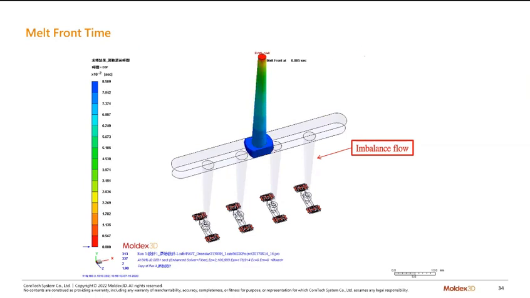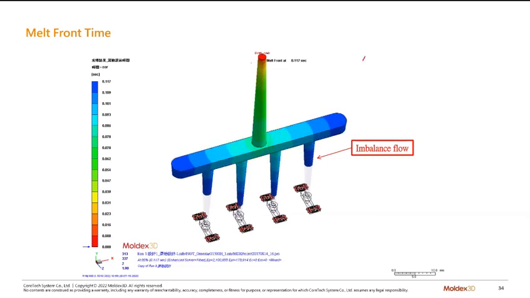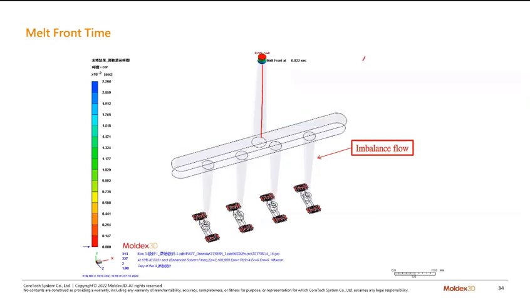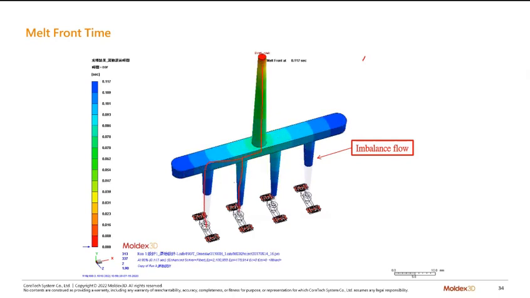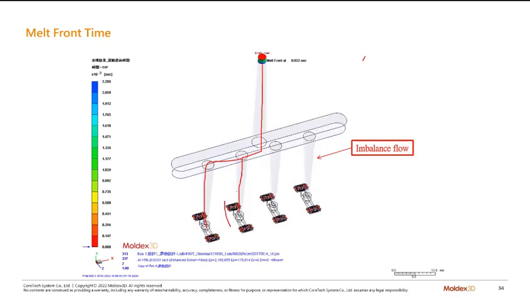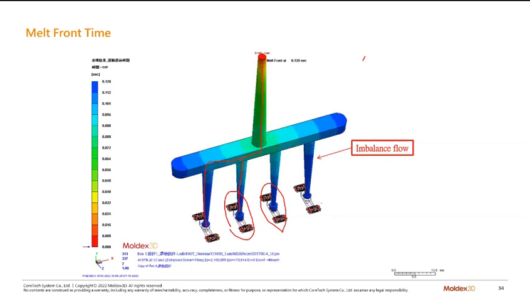For sure, it will cost less, but the flow length from the inlet to the first cavity is so much different from the other ones. So those two will fill first, and the other two will fill later.